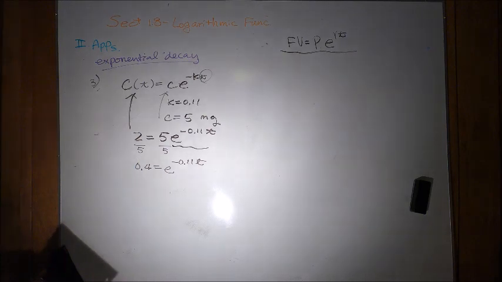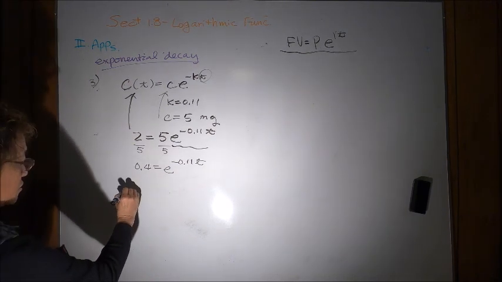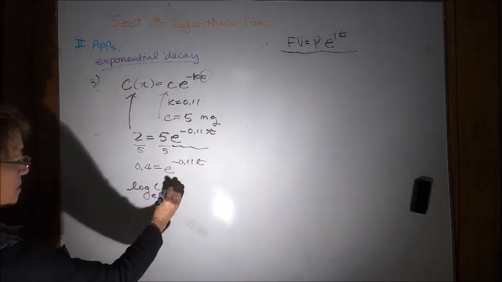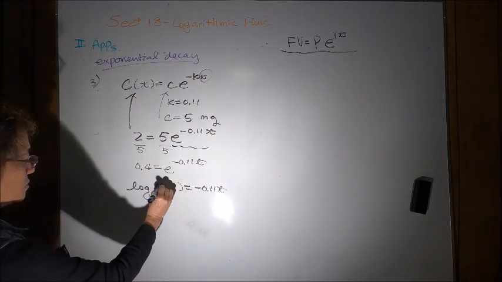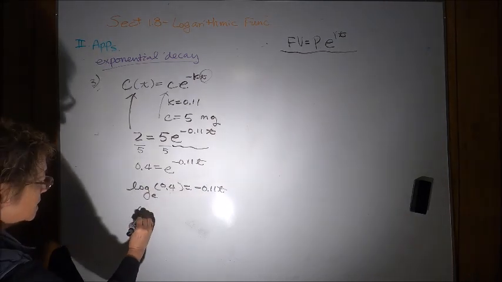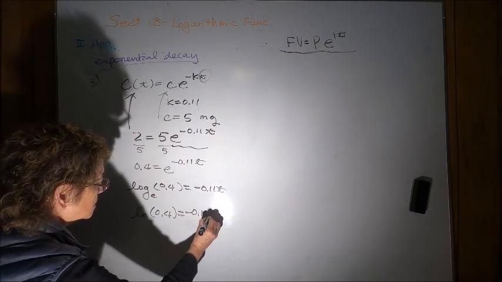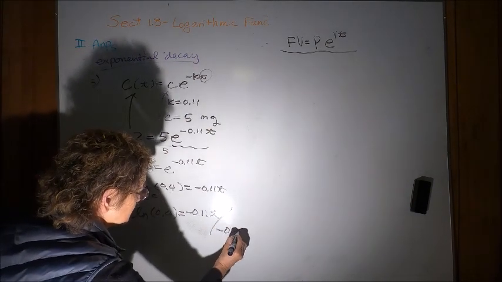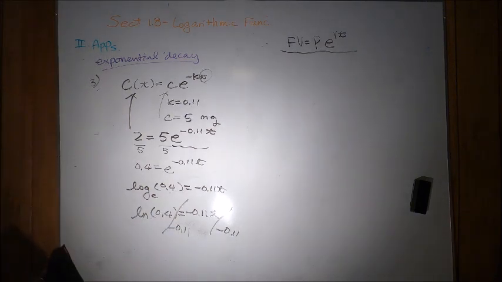How do we solve exponential equations? We cannot make the bases the same, so we change it to a log. Log base e, what's outside the exponent becomes the inside. So log base e is the natural log of 0.4. Then how do you find your T? You divide by this, then use a calculator to find it.